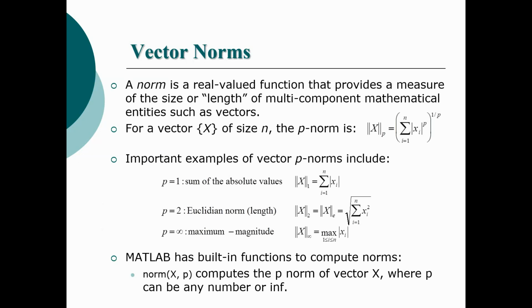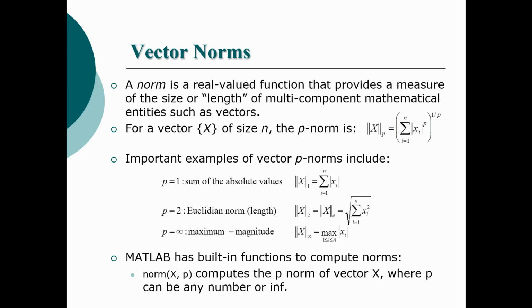We already discussed what a norm is. A norm is a real valued function that provides a measure of the size or length of multi-component mathematical entities such as vectors. As I mentioned, if you have two scalars, like 5 and 10, we can easily compare them.